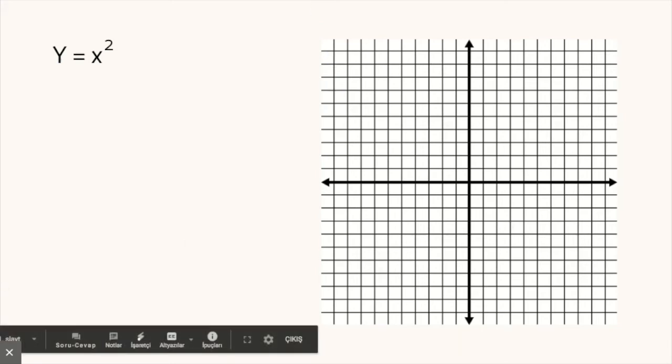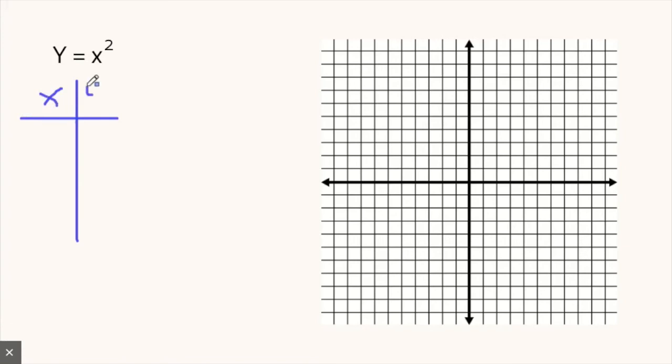Now, how do we graph this? The first way we can graph it is to use a table. X, y. When we were graphing linear equations, this is also what we used before we learned the rules. Let's start from -3, -2, -1, 0, 1, 2, and 3.